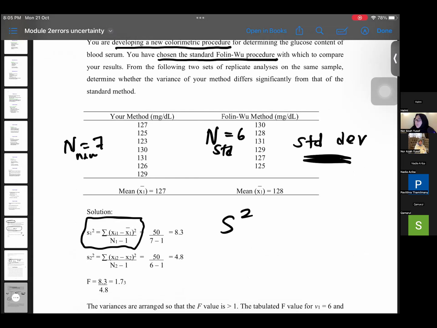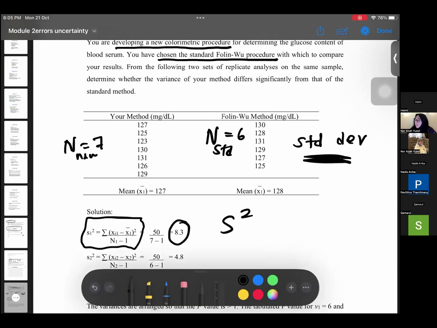If you look at the first variance, this is based on the new method, 8.3, and the standard method, Folin-Wu, is 4.8. So you have to put the variance of the new method on top and the variance of the standard method at the bottom, because in that way you get a value more than one.